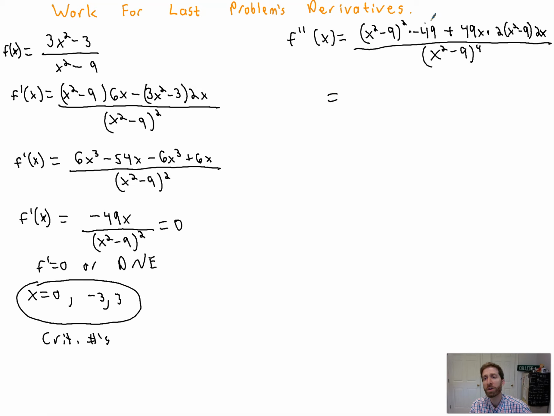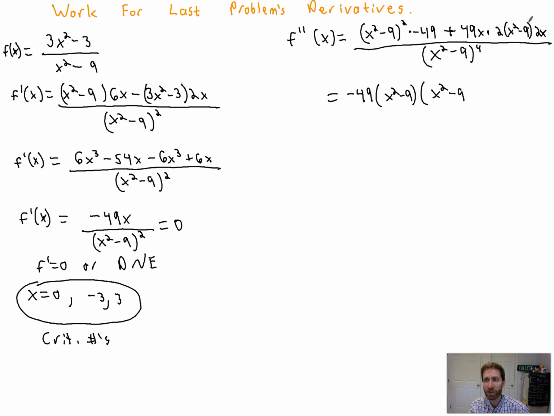Now the first thing I notice here is that we actually have a GCF that's pretty nice. We can factor out a negative 49 and an x squared minus 9 that's in both of these terms, separated by the plus. So negative 49 times x squared minus 9, that leaves us with 1 times x squared minus 9 because it was squared. Hang on to your algebra hats here.